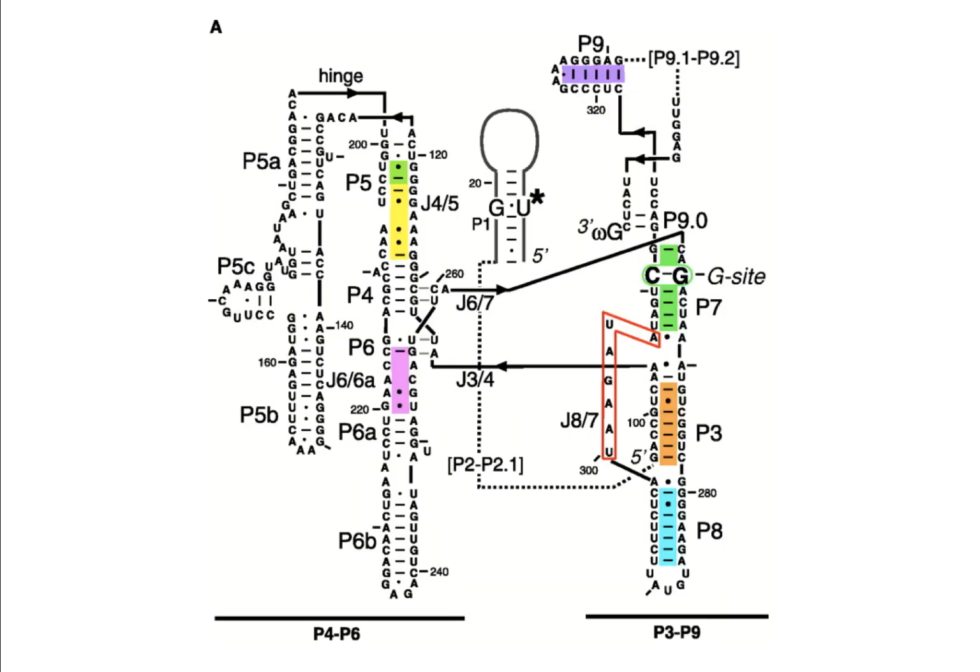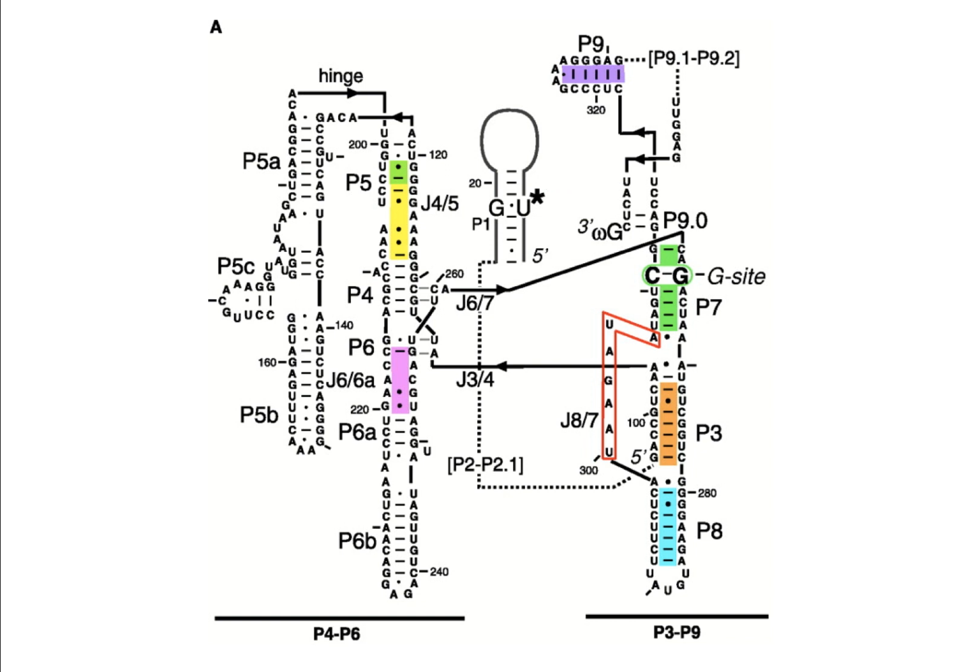Here is just another view of that, showing the P4, P5, P6 as a scaffold with some conserved regions indicated in purple, and then P1 is in the middle with the special GU pair, which is where the intron-exon border is.